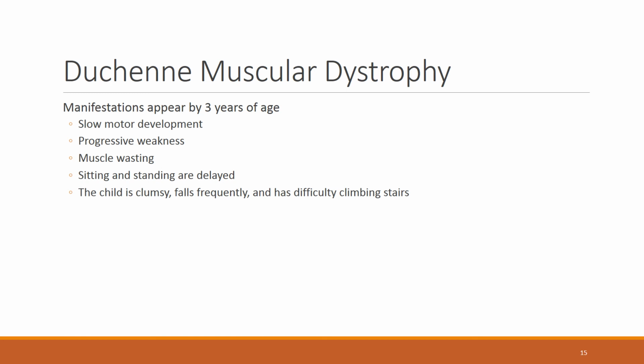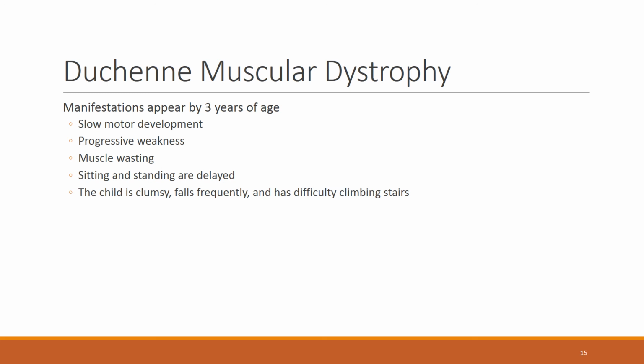By the age of 3 years old, the child will develop the manifestations of Duchenne muscular dystrophy, shown as a decrease in motor development. Patient will have progressive weakness, and again muscle wasting will set in.